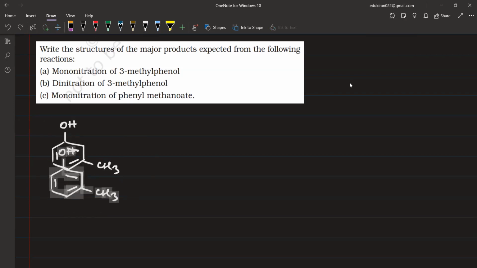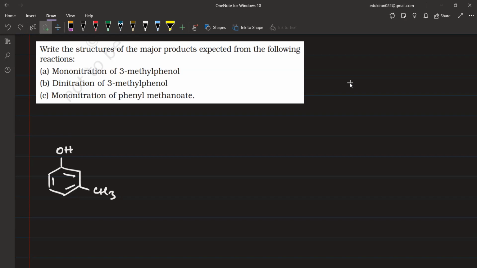Now you have to understand one point very effectively. ये जो OH होगा इस तरह से. Please don't write anything. And the CH3 will be something like this. Right? Can you see that literally there is no space here?